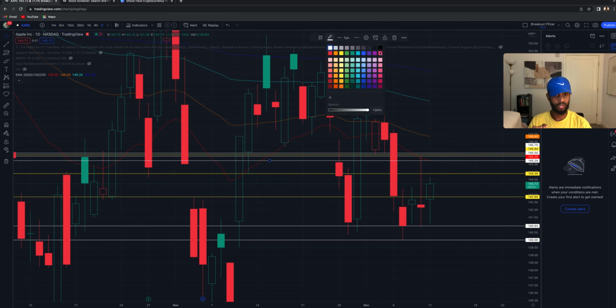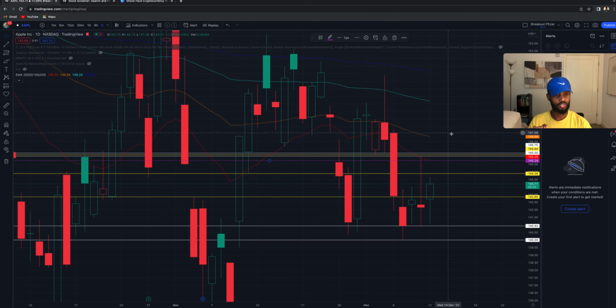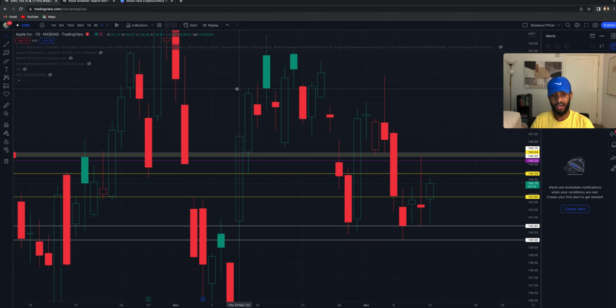Let's change the color for this as well. So we know now something very important. We know at $145, Apple might find some strong resistance possibly, because we have resistance at the fib level, we have resistance at the resistance level, and we have resistance at a moving average. Now we are all done.